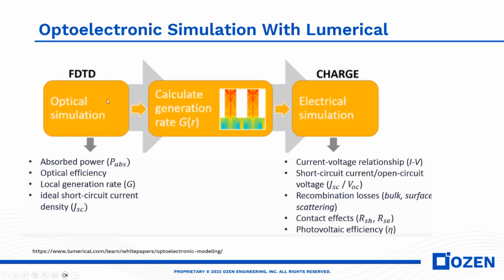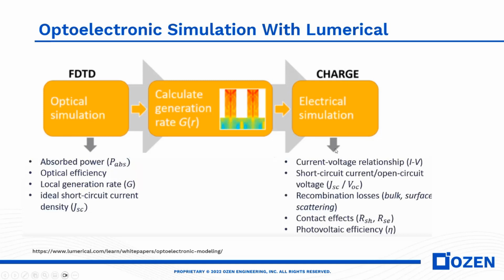We can start with FDTD. In FDTD, we can calculate absorbed power, optical efficiency, generation rate, and also ideal short circuit current density. The generation rate that we have in FDTD goes to the charge.